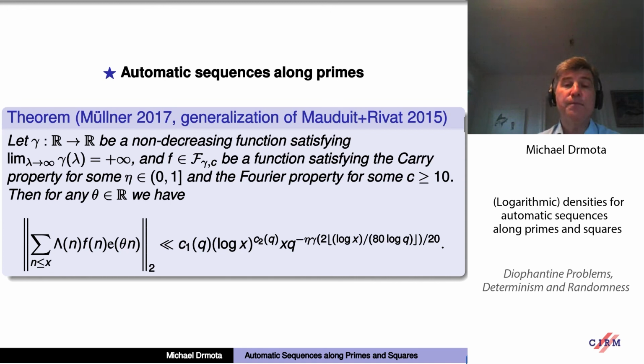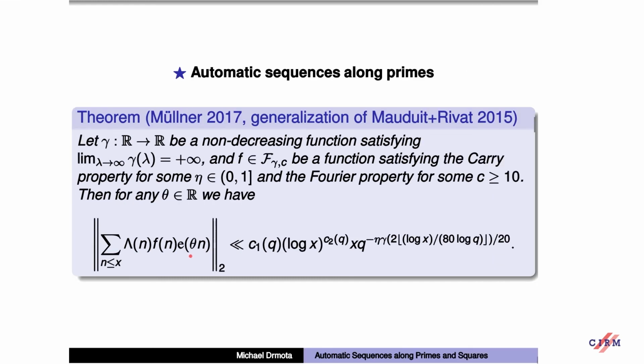And if such a function has these two properties, then it follows that if we take the von Mangoldt lambda function and also an exponential part that can take care of periodicities later, then these sums are small compared to x, as stated here.